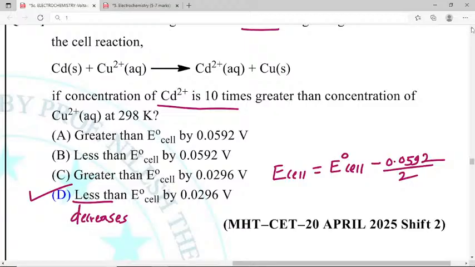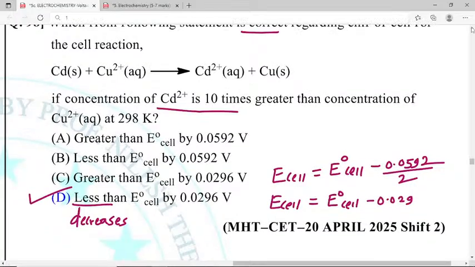You are right. 0.0592 divided by 2, so the value becomes E cell equals E naught cell minus 0.0296. Okay, clear? So it is less than E naught cell by 0.0296 volt.